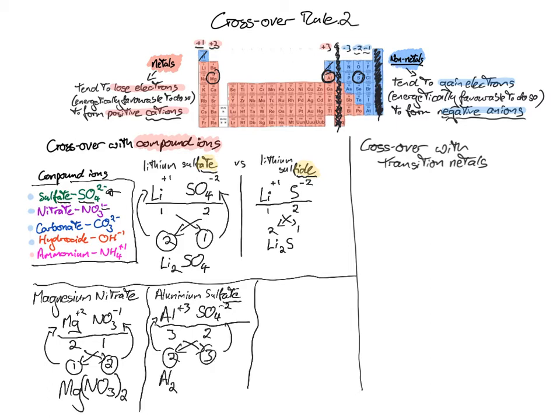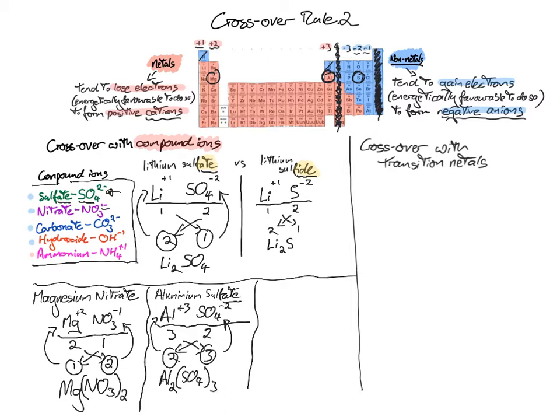I've got 3 lots of the sulfate. Sulfate is a compound ion, so if I've got multiples of it, I do need the brackets. SO4, close brackets, 3. Al2(SO4)3, which means I've got 2 Als, 3 sulfurs, and 3 times 4, which, if my maths is holding up today, is going to be 12 oxygens.